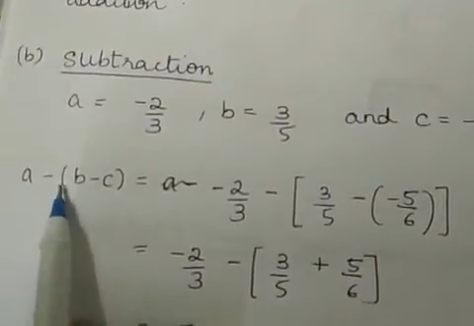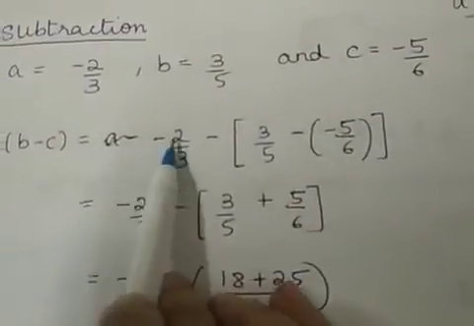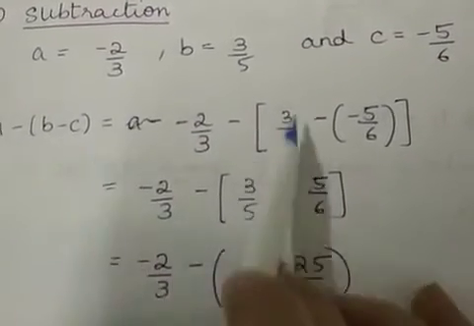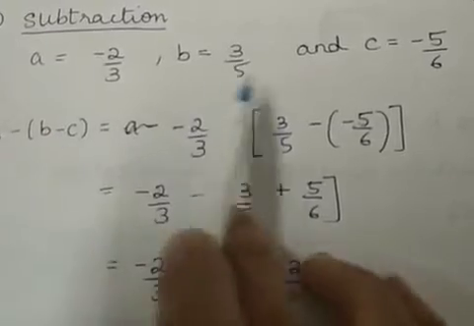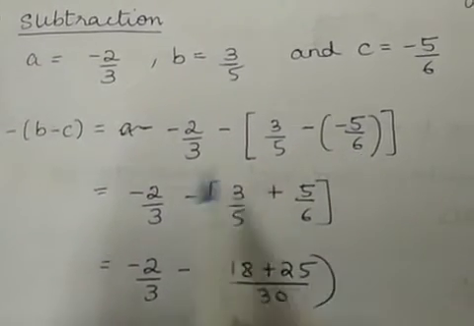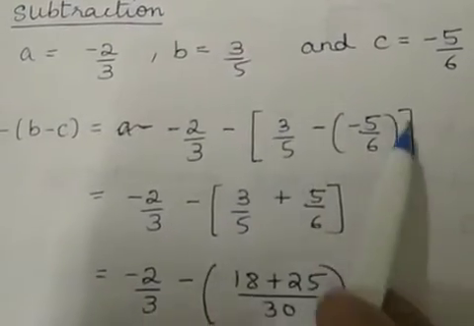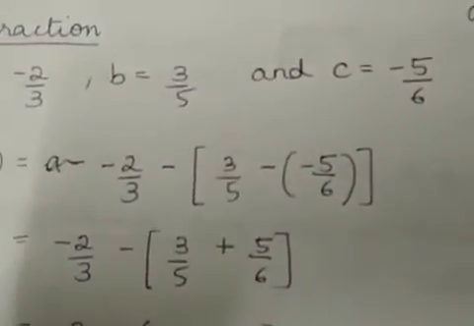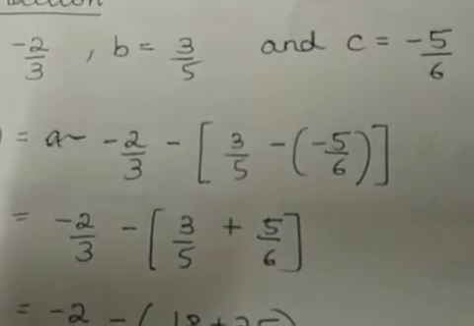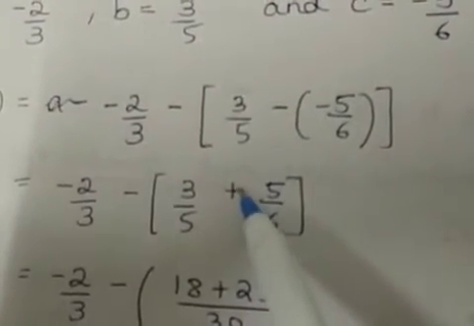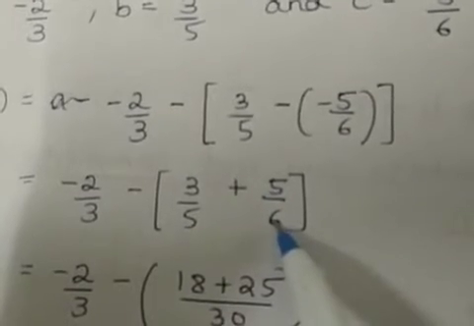You have a - (b - c) is equal to a, which is minus 2 upon 3, minus b, which is 3 upon 5, minus c, which is minus 5 upon 6. So you get minus 2 upon 3 minus, let us solve the numbers inside the square bracket. This is 3 upon 5 minus into minus plus, so plus 5 upon 6.